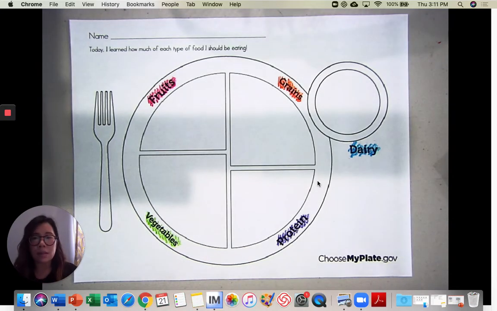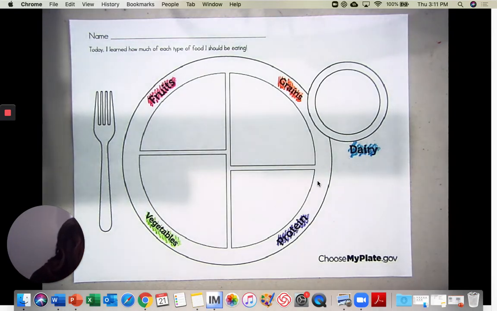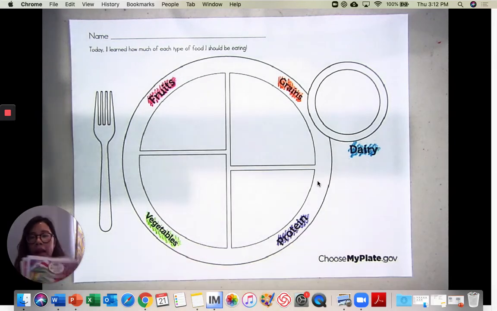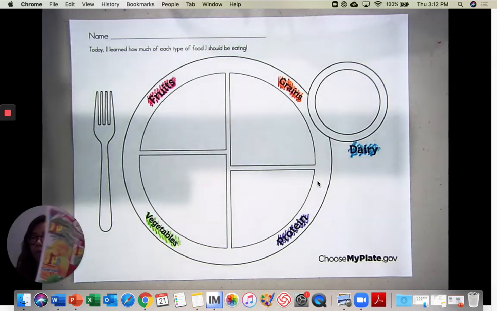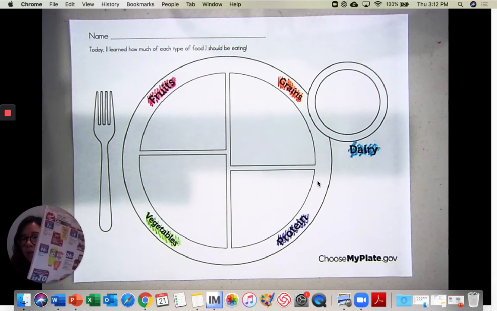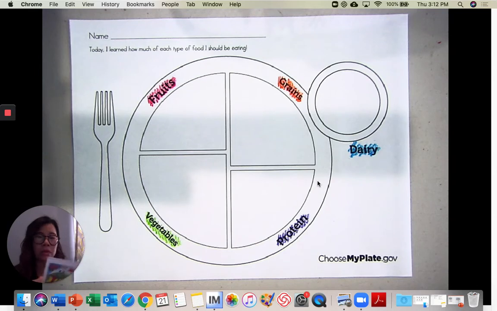Or this is something that I think is kind of fun, and it's kind of called collaging. What you can do is, I have these food ads that are mailed to me in my mailbox. And so I just pulled some out and I thought, oh, well, this might be kind of fun to cut out and put on my plate.